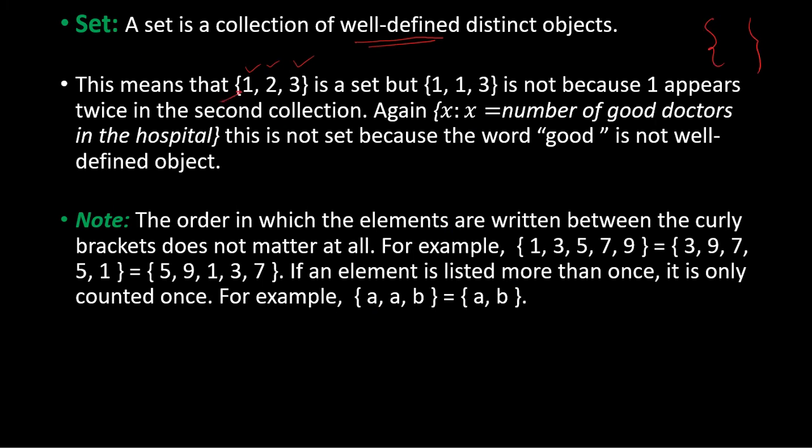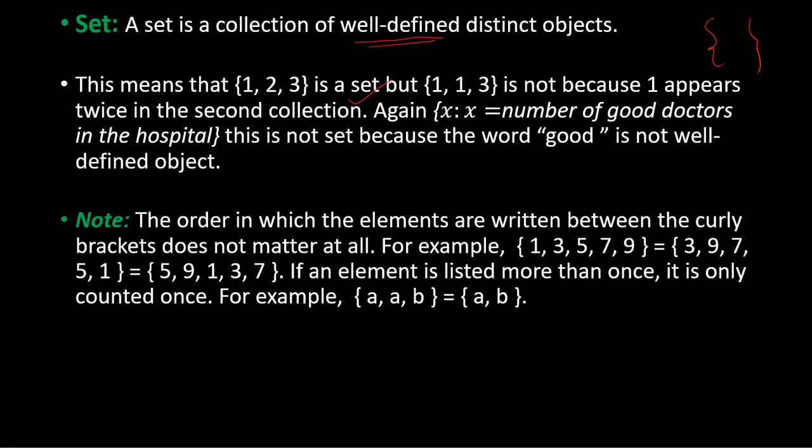Each object of the set will have a unique meaning and it should be well defined. For example, if I take 1, 2, 3 in curly braces, this will be a set because each object of this set is well defined.